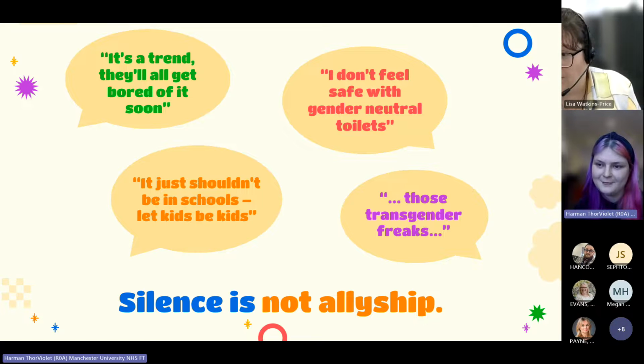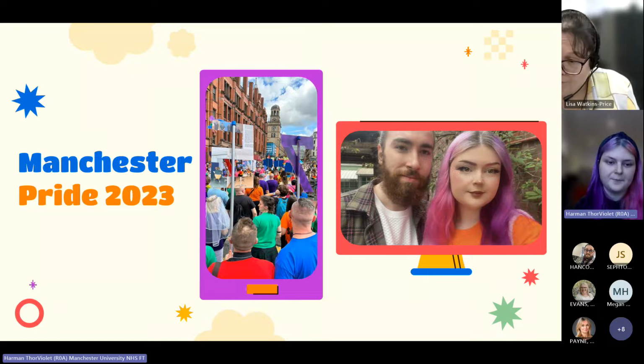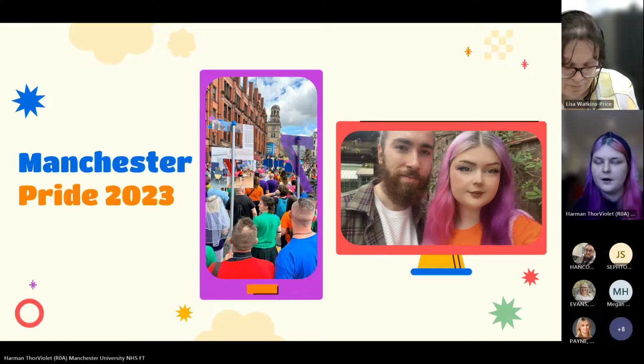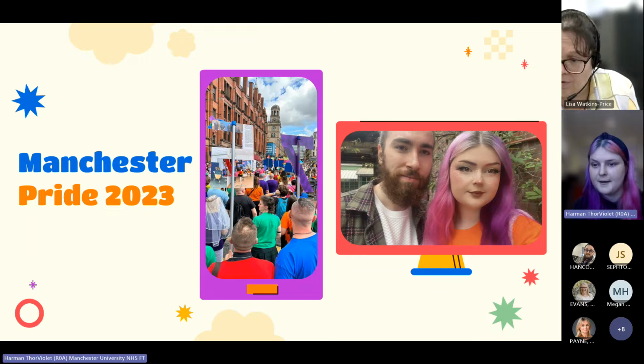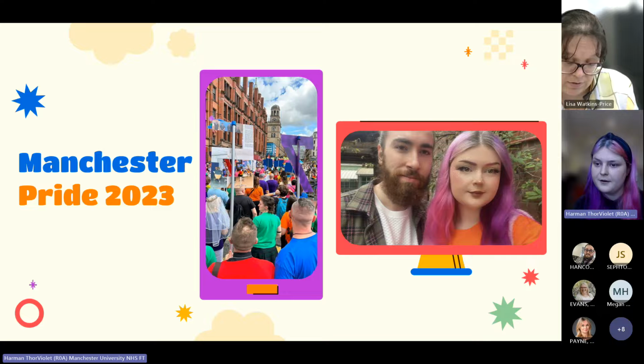Onto a more positive note in terms of triumphs. So one of the key triumphs that I've had, I think, in the last year particularly, was walking in the Manchester Pride Parade. So the trust that I work for, MFT, so Manchester University NHS Foundation Trust, they secured a place in the parade and offered people from the LGBTQ+ staff network to walk in the parade.